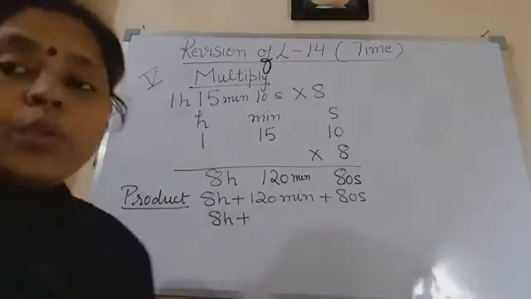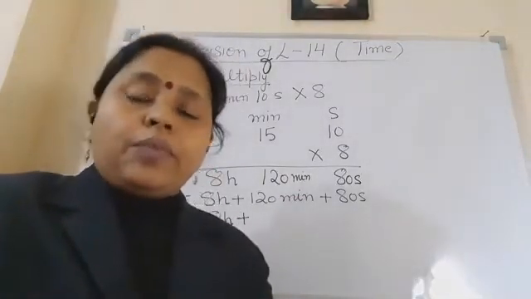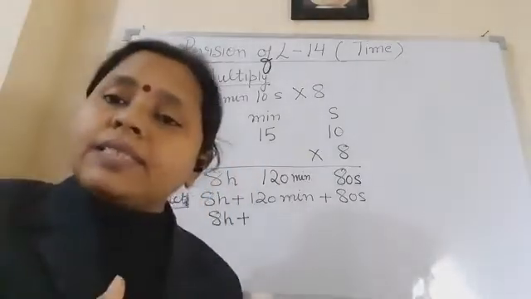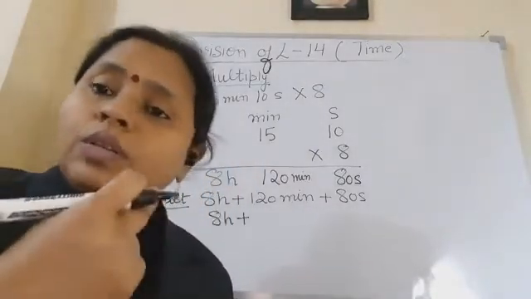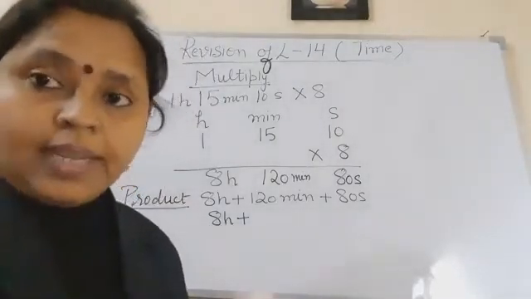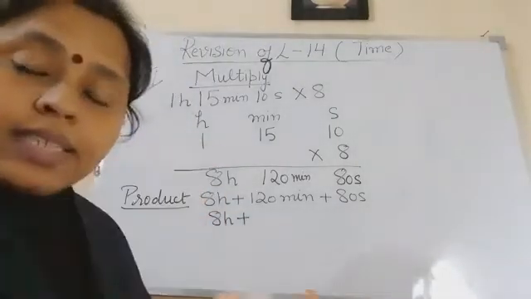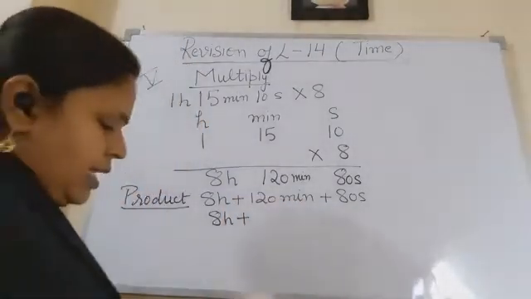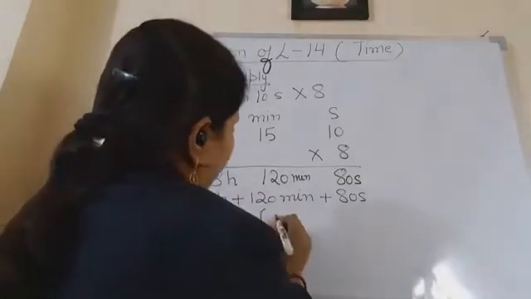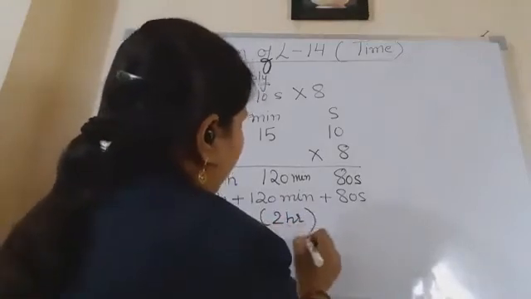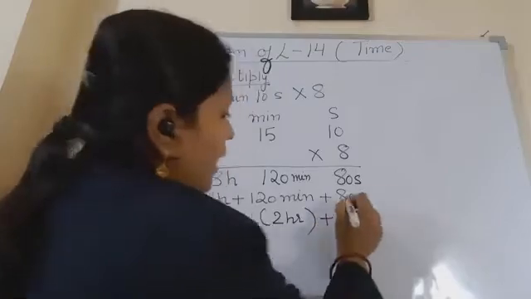When you regroup 120 minutes, see, 120 minutes means 60 minutes plus 60 minutes. And 60 minutes is equal to 1 hour, right? So 60 plus 60 means 2 hours. So you can write 120 minutes as 2 hours, right?